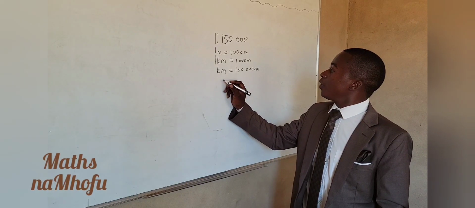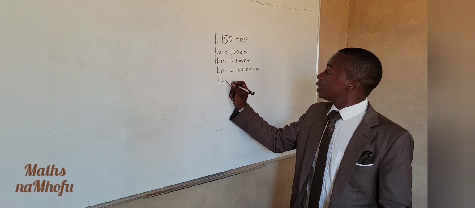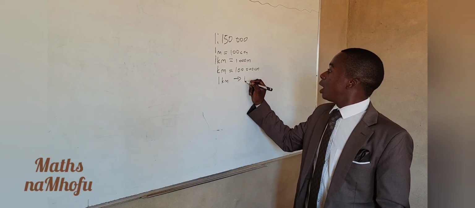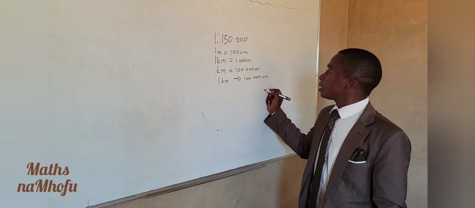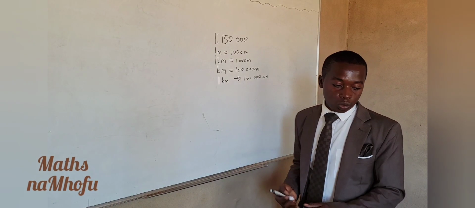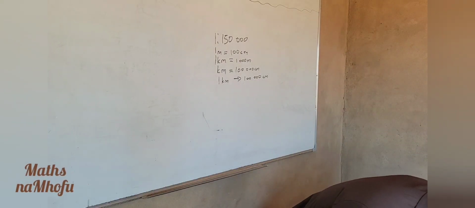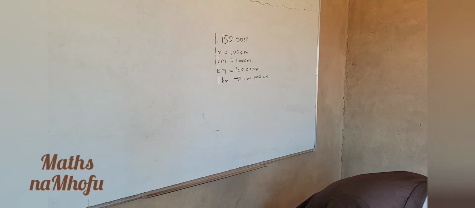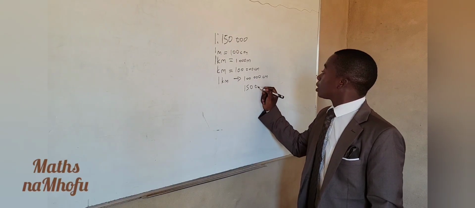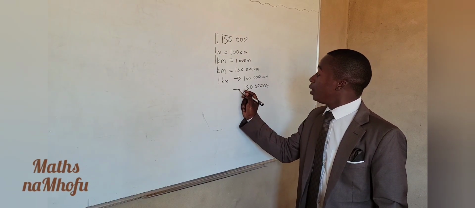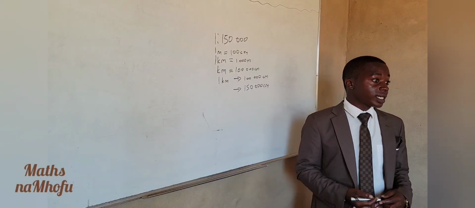So if 1 kilometer equals 100,000 centimeters, the question is asking us to give the answer in kilometers. We want to know 150,000 centimeters, how many kilometers? Now we're told to give our answer in kilometers, right?